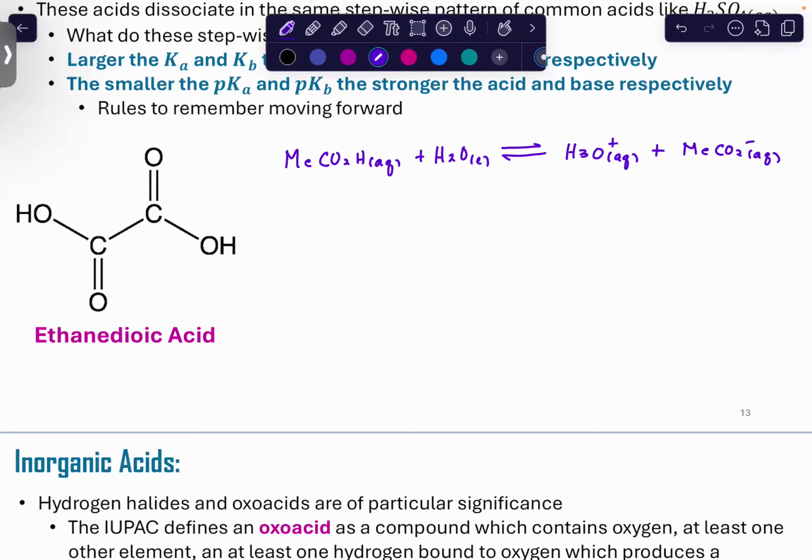Okay, so let's look in particular at the ethane dioic acid. You said it's dibasic. So how many dissociations will we have? Two. Yep. So we have to account for both of those. I'll use the notation they put in the book. You can get an idea that you have the dicarboxyl groups, then you have water.